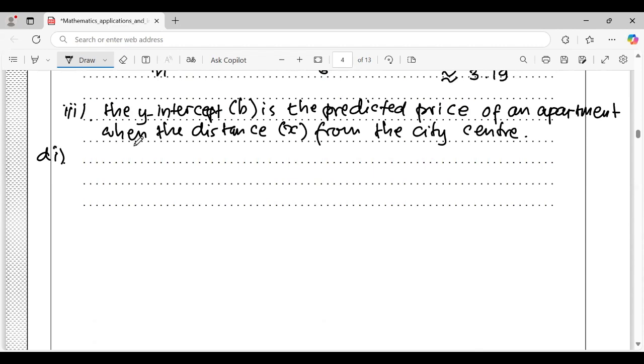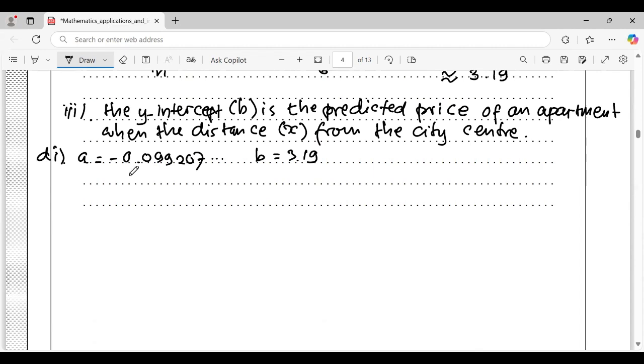Just now we calculated A equal to minus 0.0992, and B is 3.19.